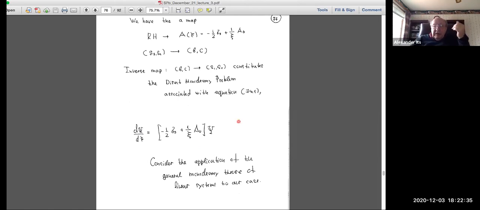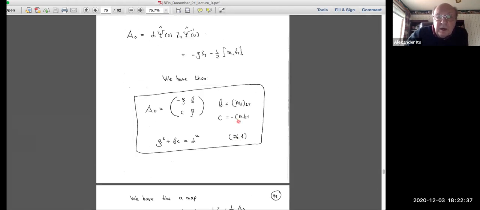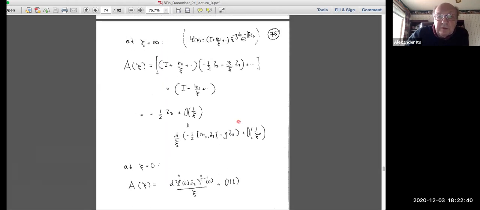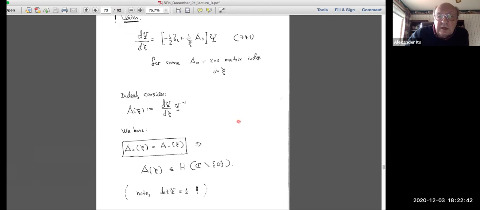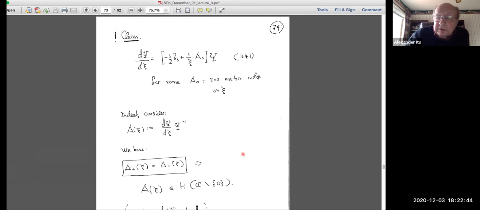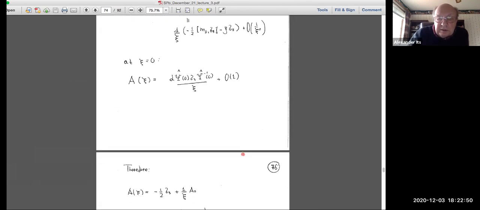So now, after seeing that the solution of the Riemann-Hilbert problem satisfies this equation, I came to the following idea: how can I solve my Riemann-Hilbert problem? The idea is this.